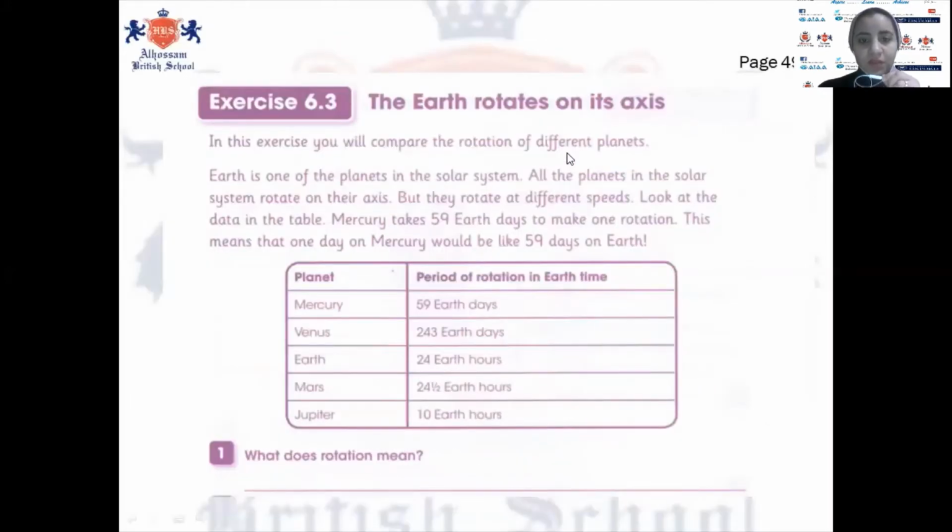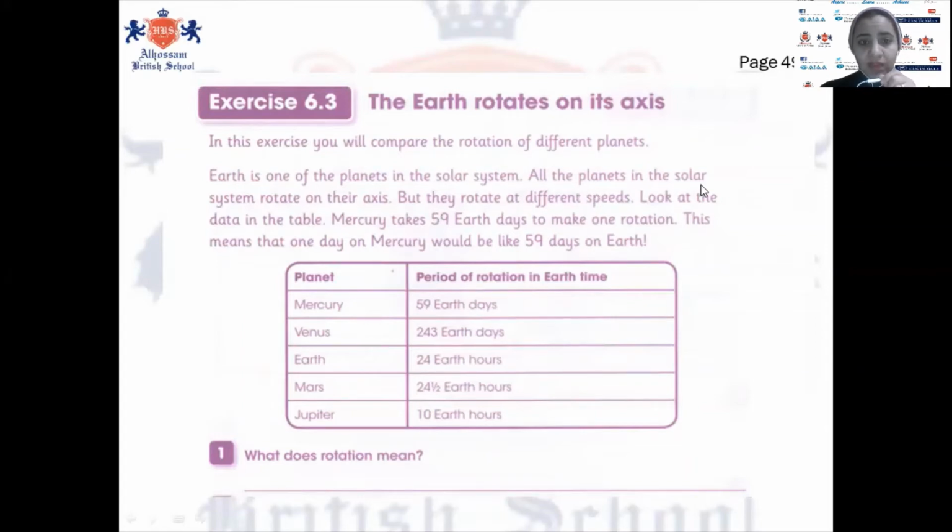Okay, the Earth rotates around its axis. In this exercise, you will compare the rotation of different planets. We have Mercury, Venus, Earth, Mars, Jupiter, and the period of rotation of each one in Earth time.